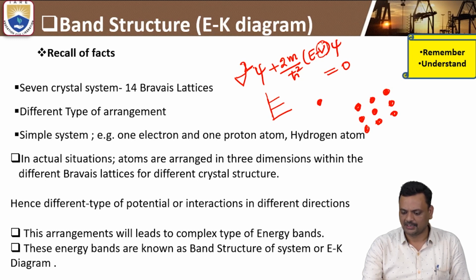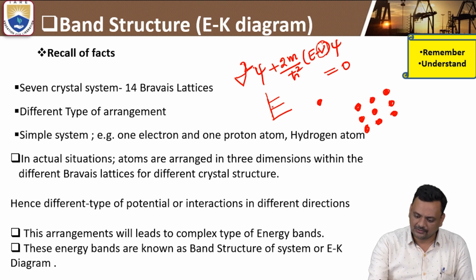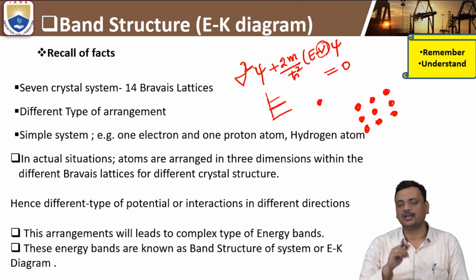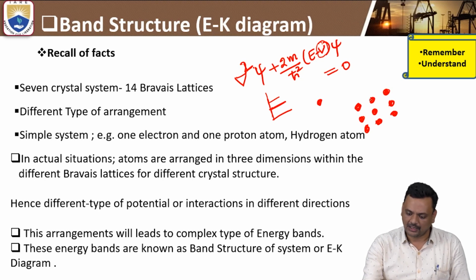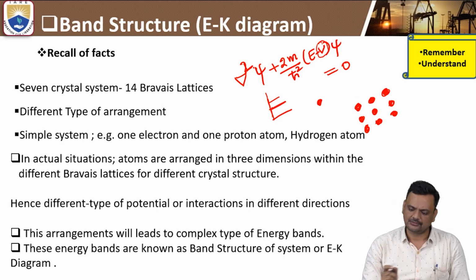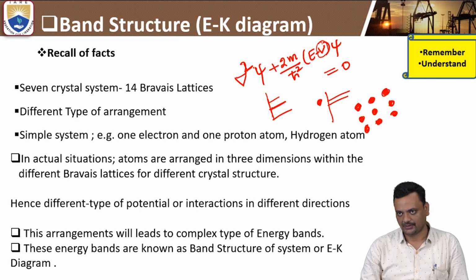For a single atom we get a single allowed energy state, but when we consider two interacting atoms, I get two energy levels for each allowed state.